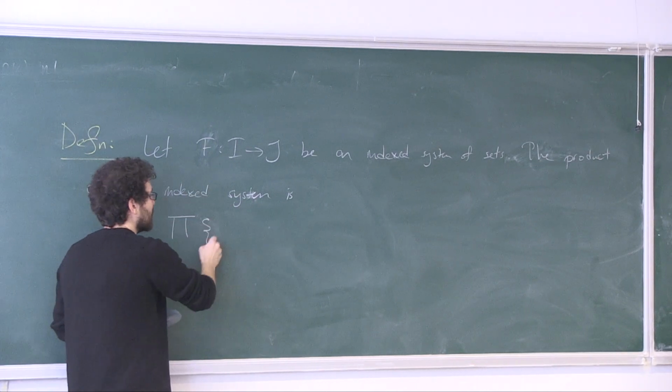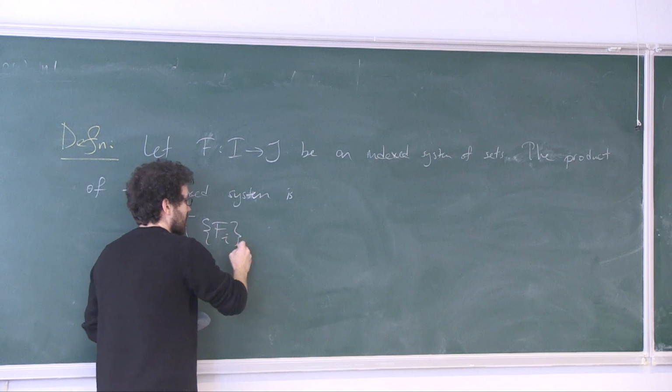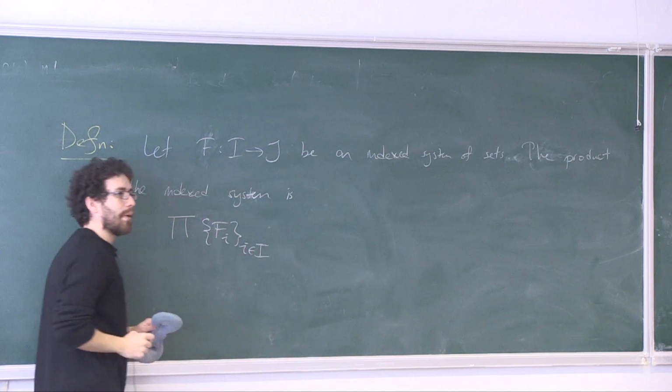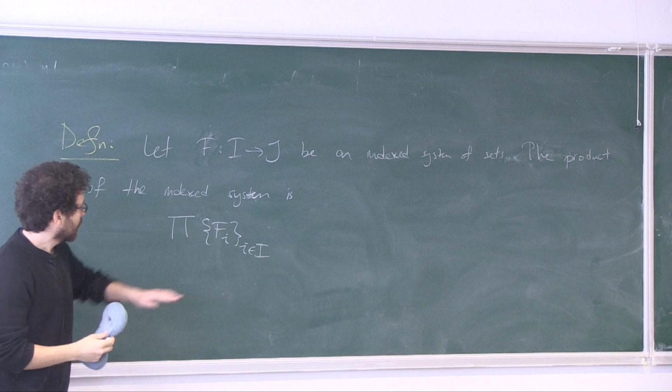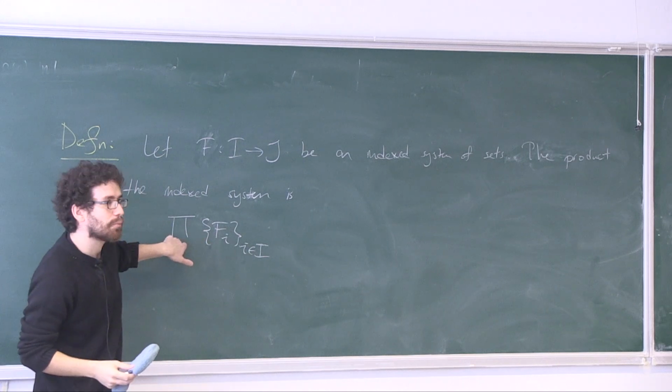The product of this indexed system is shown by this. This is your index system, you take its product.